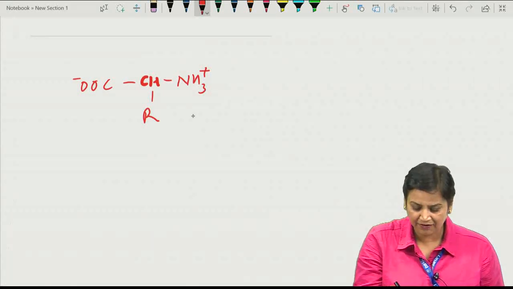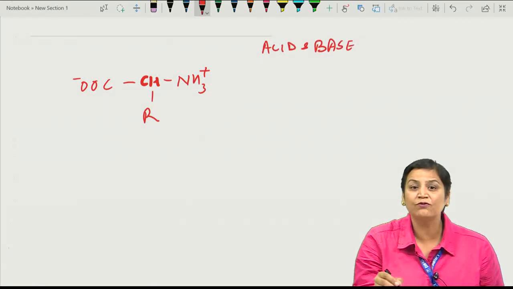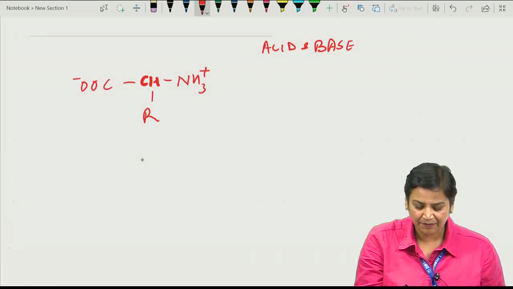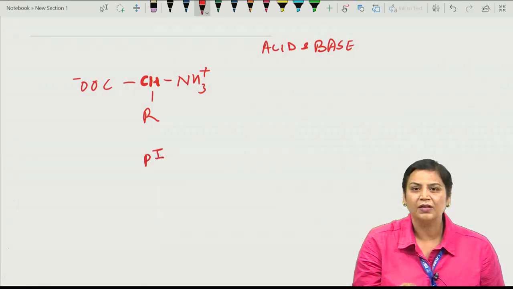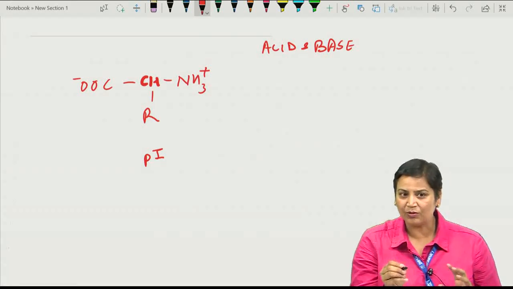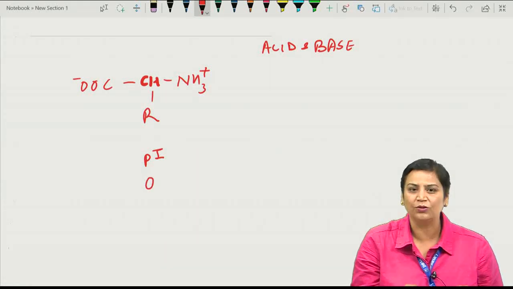This means they can behave as acids as well as bases, and that is why they are also known as amphoteric substances. Now this is basically the pI of an amino acid, at which the net charges are equal, meaning the positive charge is equivalent to the negative charge, or the net charge is 0.